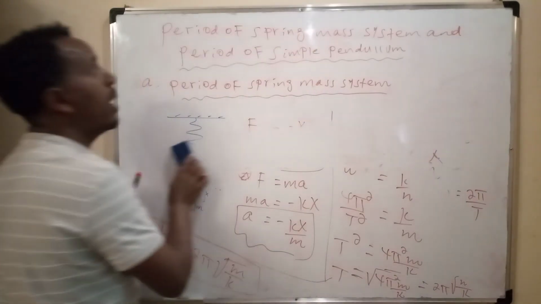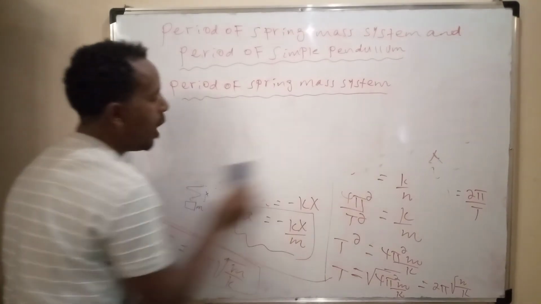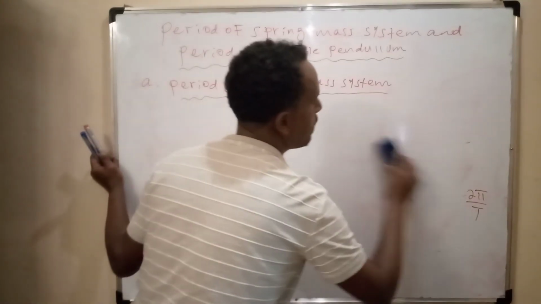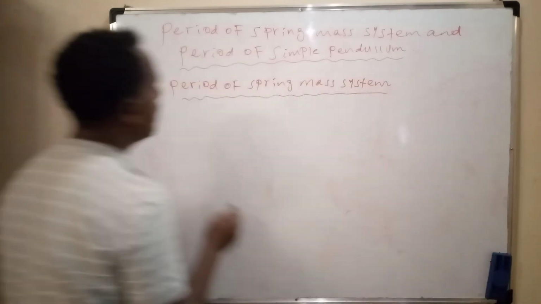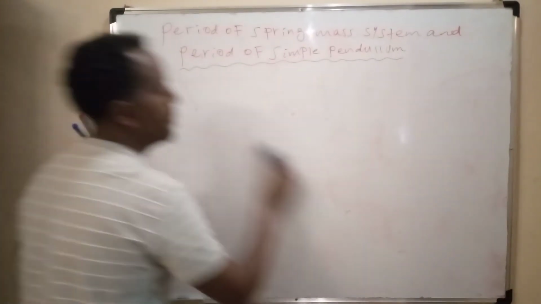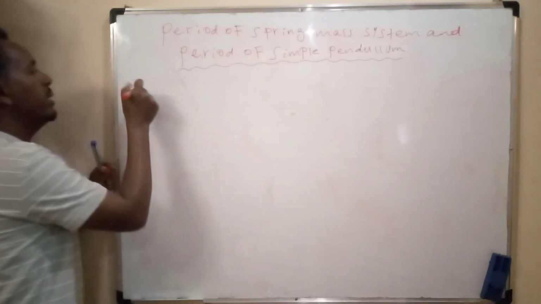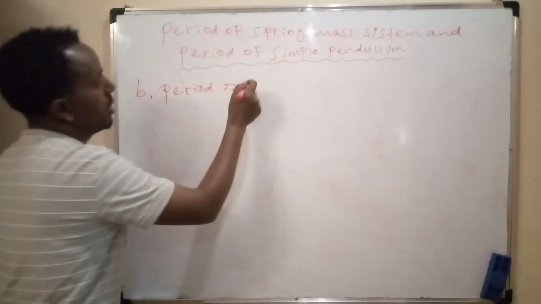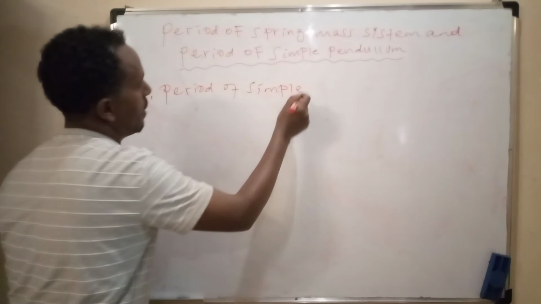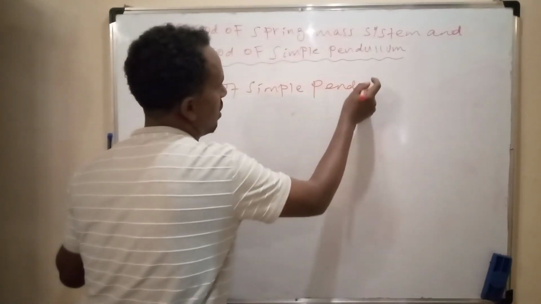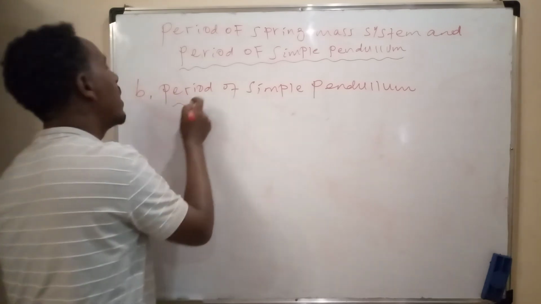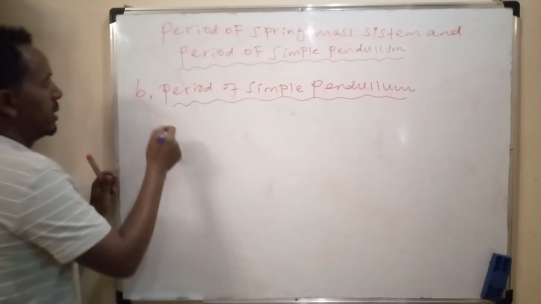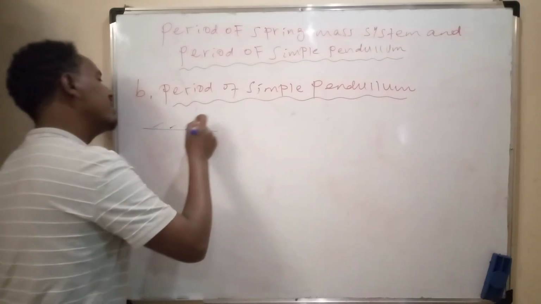The other point is about the period of a simple pendulum. How can we mathematically express the period of a simple pendulum?